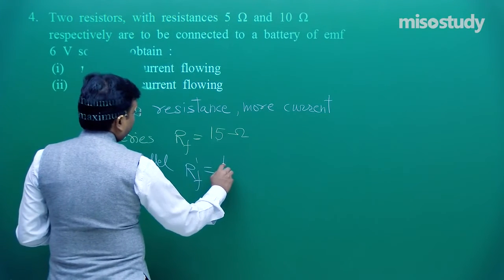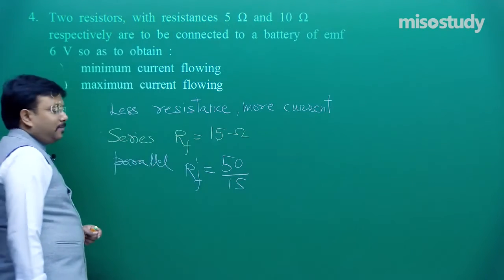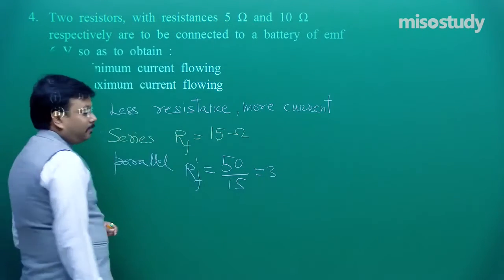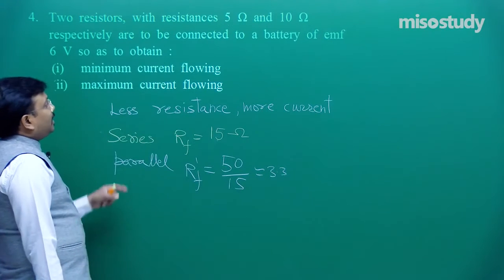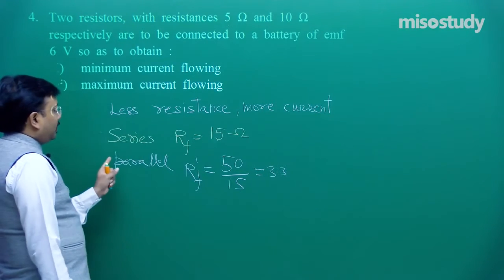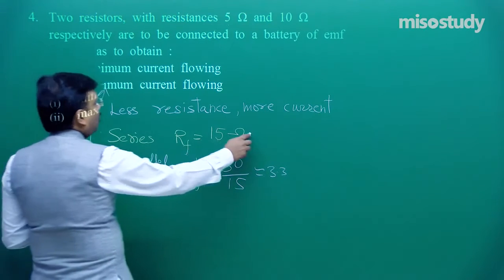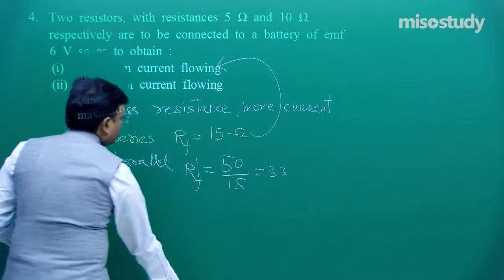So, that will give you 50 upon 15, fine. So, it is going to be nearly 3 point something. So, again you can say that for maximum current flow it should be connected in parallel, for minimum current flow it should be connected in series, simple, fine.